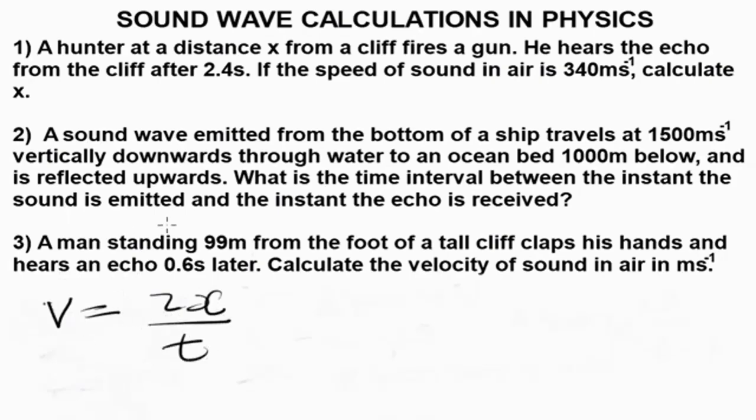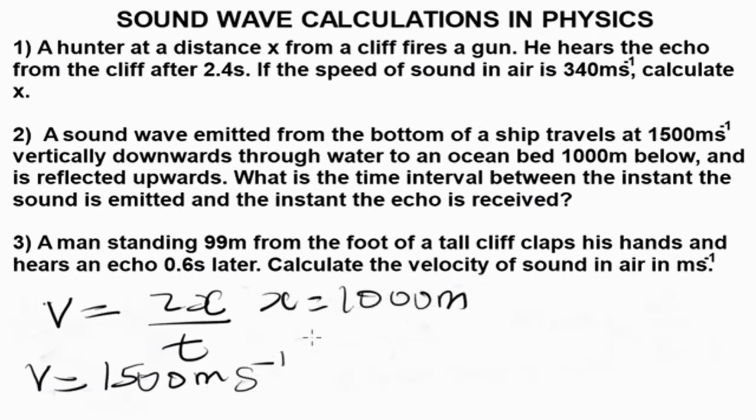In this question, let's bring out the parameters. We have our v to be 1500 meters per second, and we have the distance x to be 1000 meters. The time is unknown. So let's input these parameters in this formula.